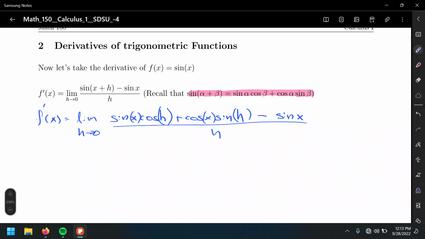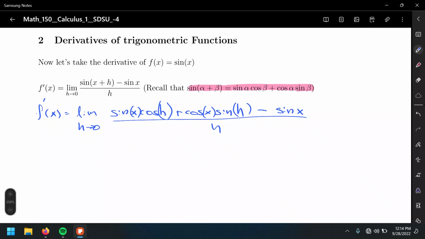Well, so somehow in this case we need to split this into a couple of limits, and then we will use those special limits from before. And I think we can put these two together, sine x cosine h minus sine x. All right, so let me just reorder. So that's going to be sine x cosine h.